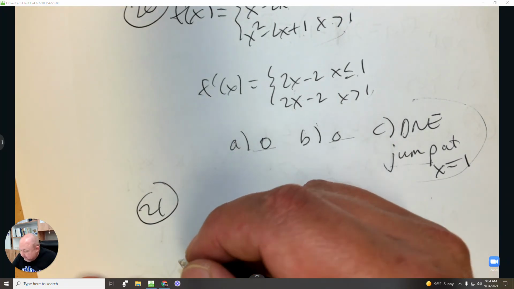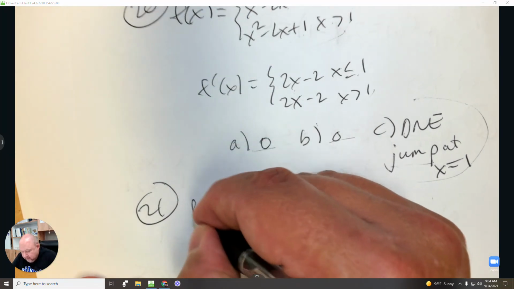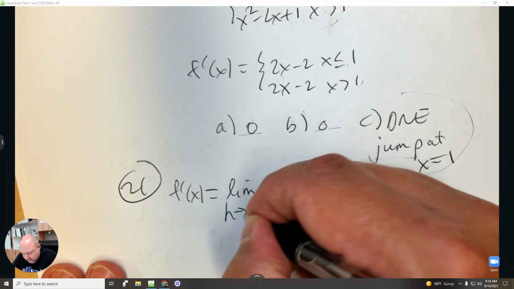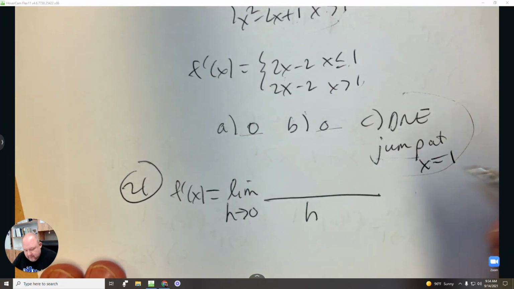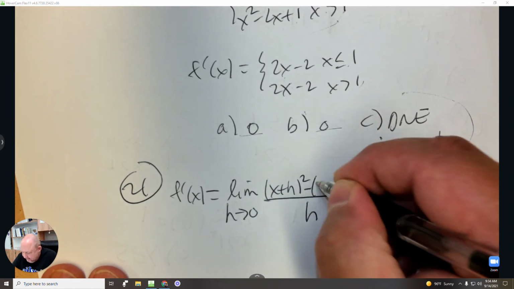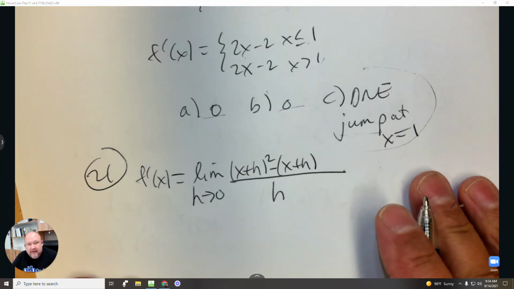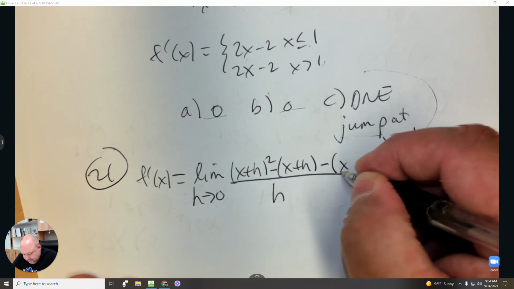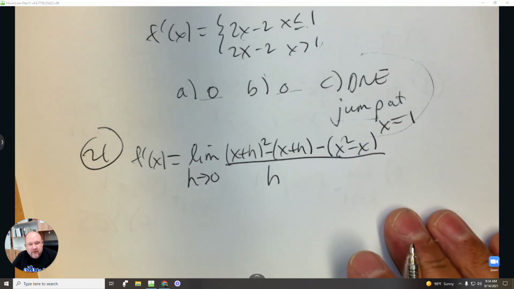21. Use limit notation to find the derivative. So if I want to find the derivative, limit notation to find the derivative. There's a good start. x plus h. So you plug in x plus h, subtract parentheses, then the function, and that's what I'm solving.